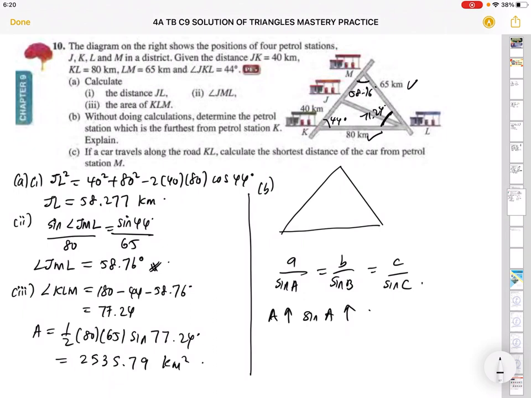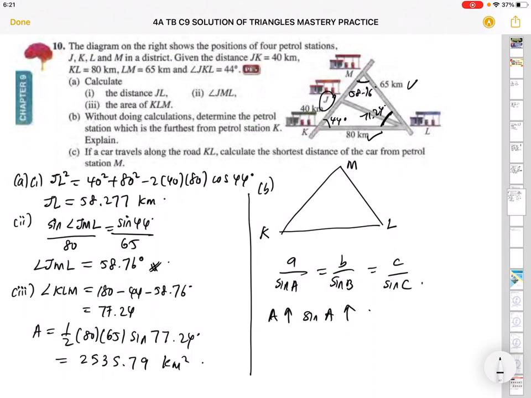Now if you look at this, this is your K, this is your M, this is your L, right? You want to find out which one is the furthest from petrol station K. So there is no doubt J is out of question because J is the closest. So it's a matter of whether to choose M or L, right? Now you look at this angle here, this angle here, and this angle here.